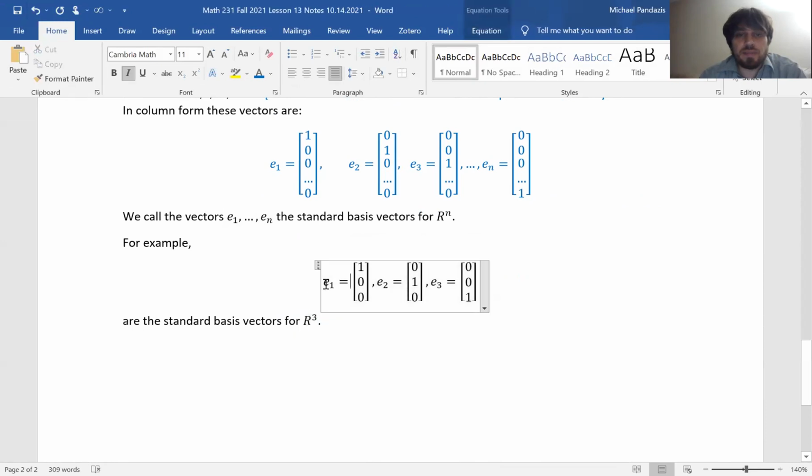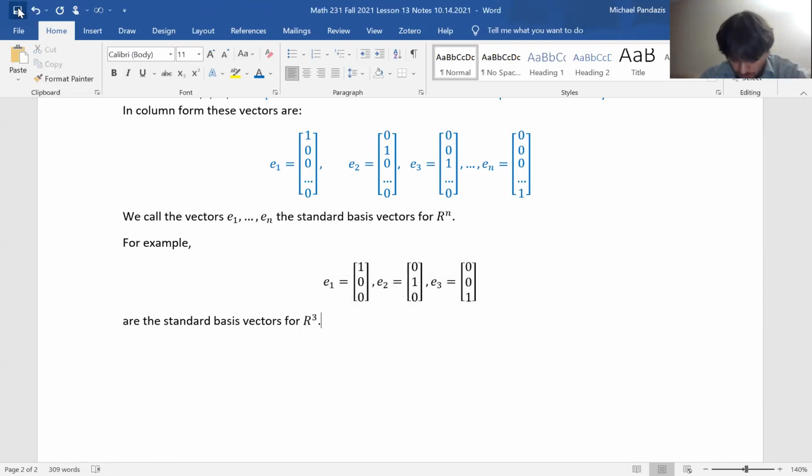R3 because these are all vectors in 3-space, the space of all vectors with 3 components. The components are the number of things in them. So these 3 specifically together are the standard basis vectors for R3.